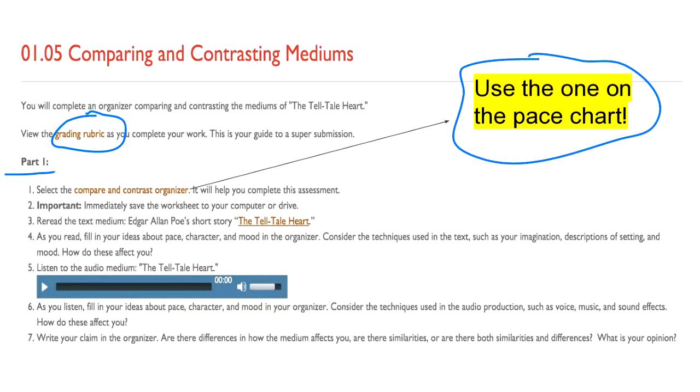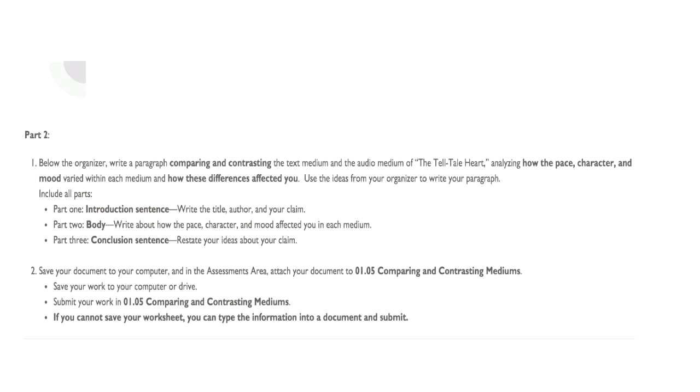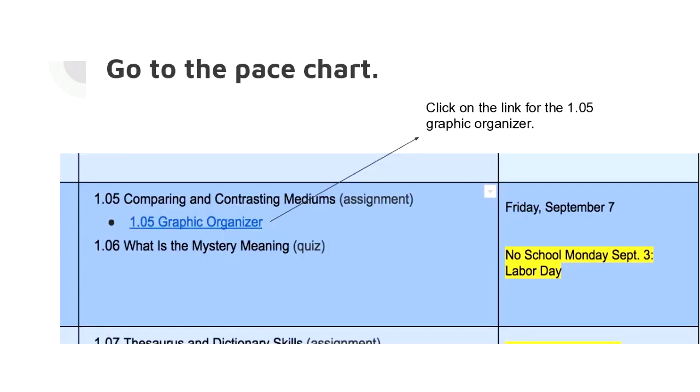So when you use the organizer that's on the PACE chart, everyone go to your PACE chart right now, and you'll see on your PACE chart for this week, underneath 1.05 comparing and contrasting mediums, there's your hyperlink for 1.05 graphic organizer.